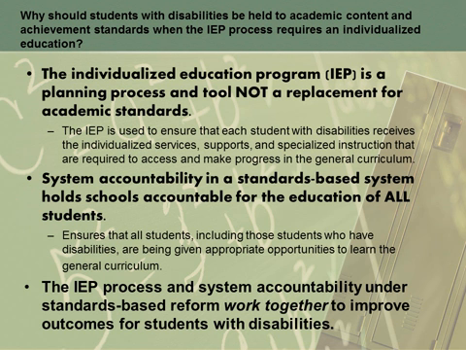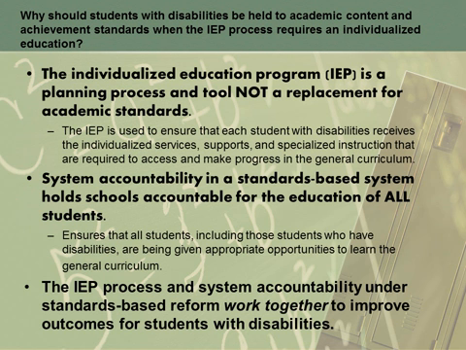And the answer to this is that the IEP is not a replacement for the general curriculum, nor is it a replacement for academic standards. The IEP actually exists to ensure that students who need individualized services, supports, and specialized instruction get that, and that they are able to access the general curriculum.